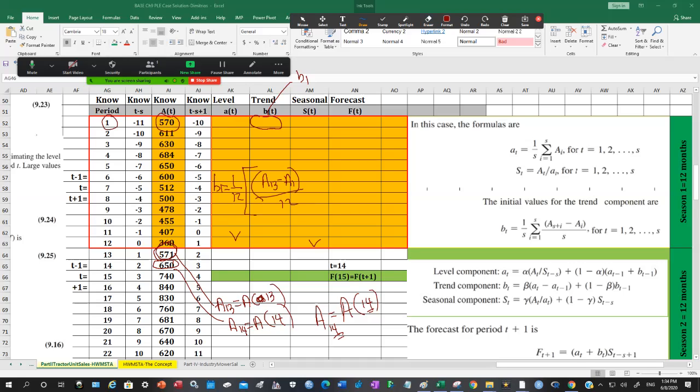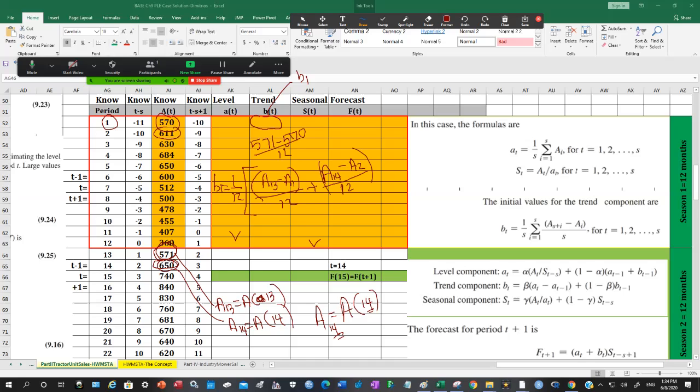So this here would be 571 minus 570 over 12. Then you have plus actual of 14 minus actual of 2 divided by 12. Well, this is actual of 14 and this is actual of 2.